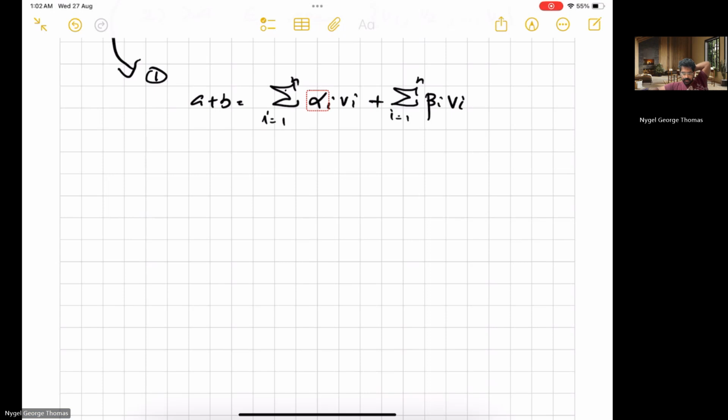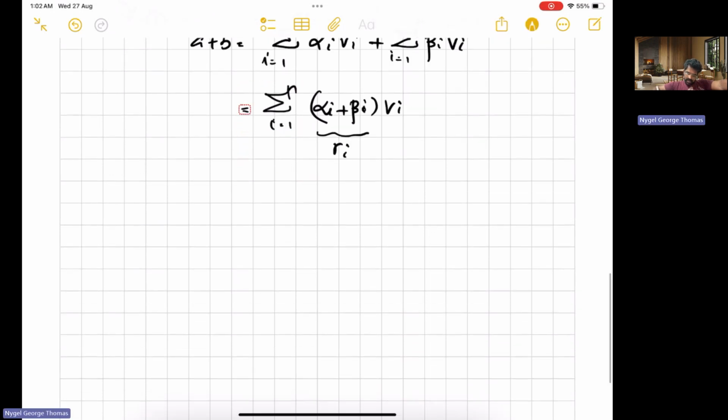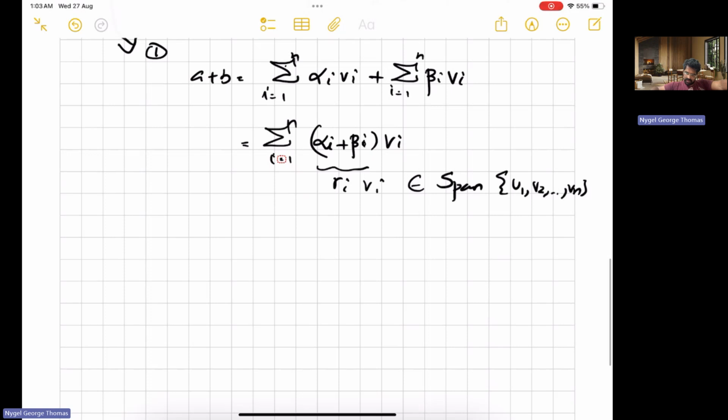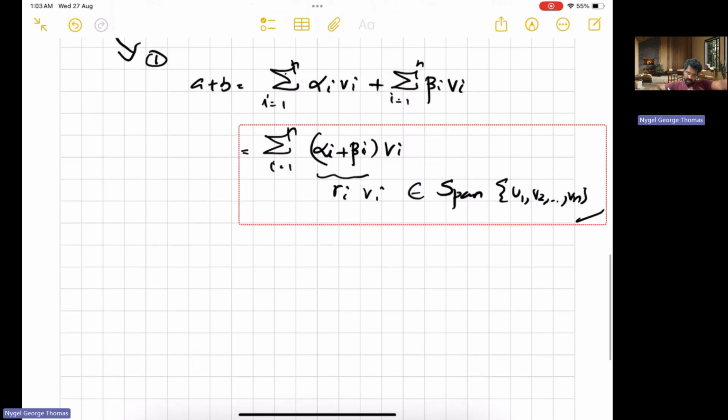Associative property, yes. So we can write that as sigma i equal to 1 to n of alpha i plus beta i times vi. We can call this some gamma i times vi. This again belongs to the span of v1, v2, etc., vn. This is proved. Now let's look at two.